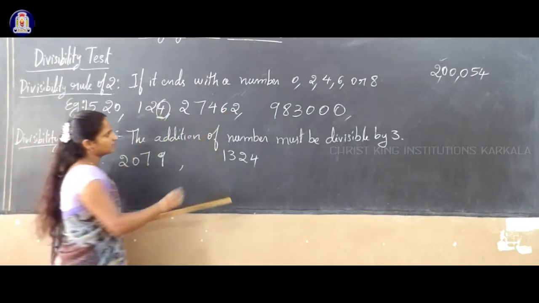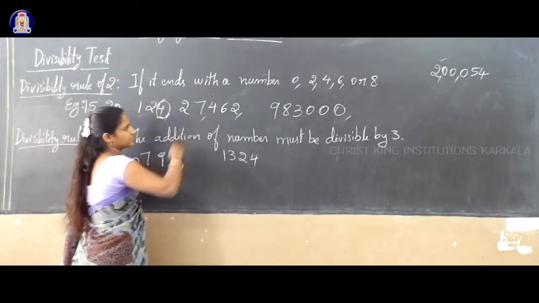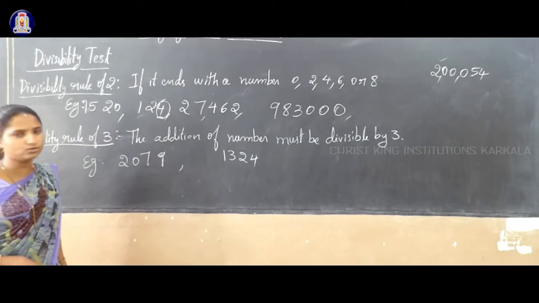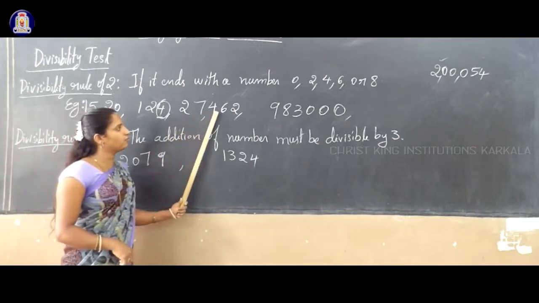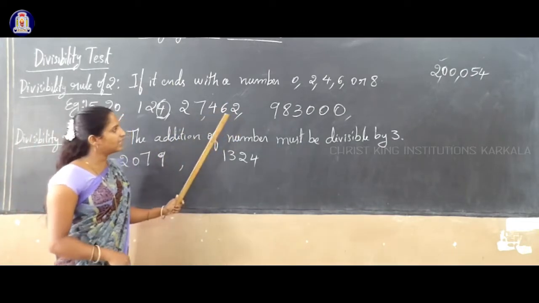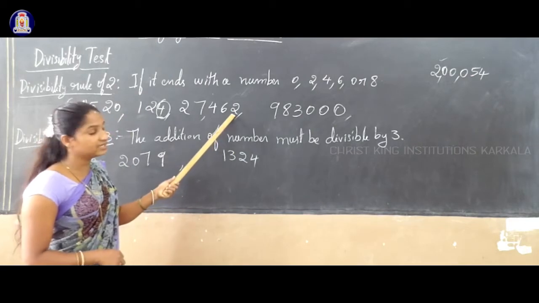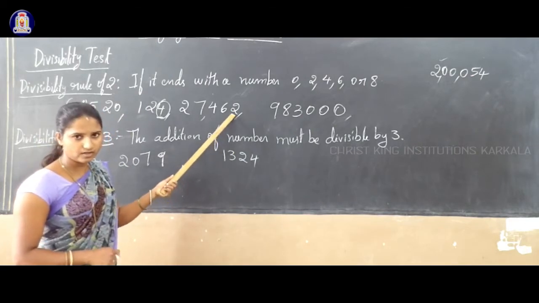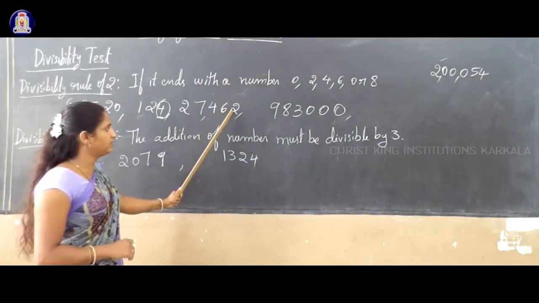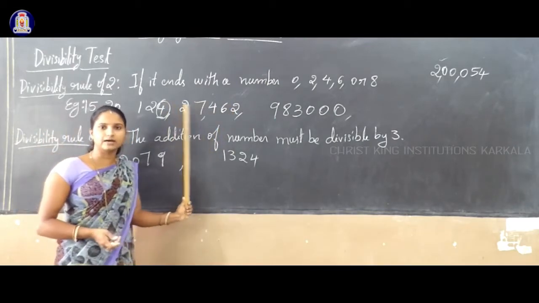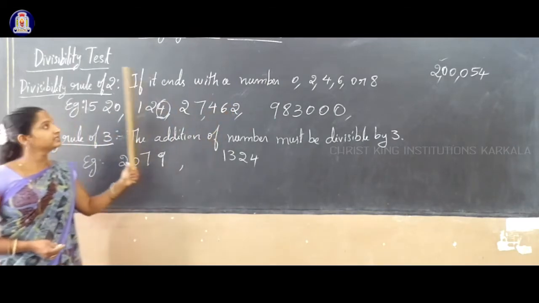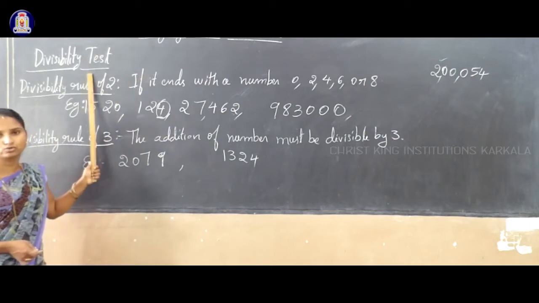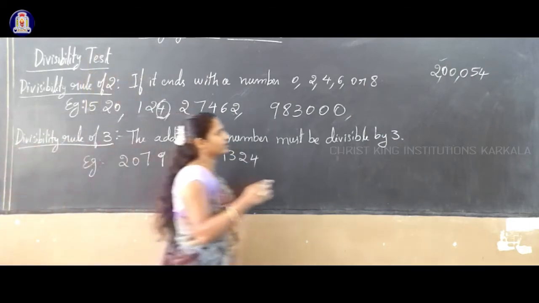In the third example, say 27,462, see the last digit is 2. So if you get 2 as the last digit, then we can say that this number is divisible by 2 table. Clear?